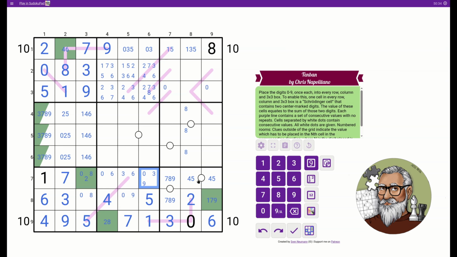I don't know what I'm doing. Oh, this is not a 7. I keep on doing this. Not that it really matters, but this isn't a 7.